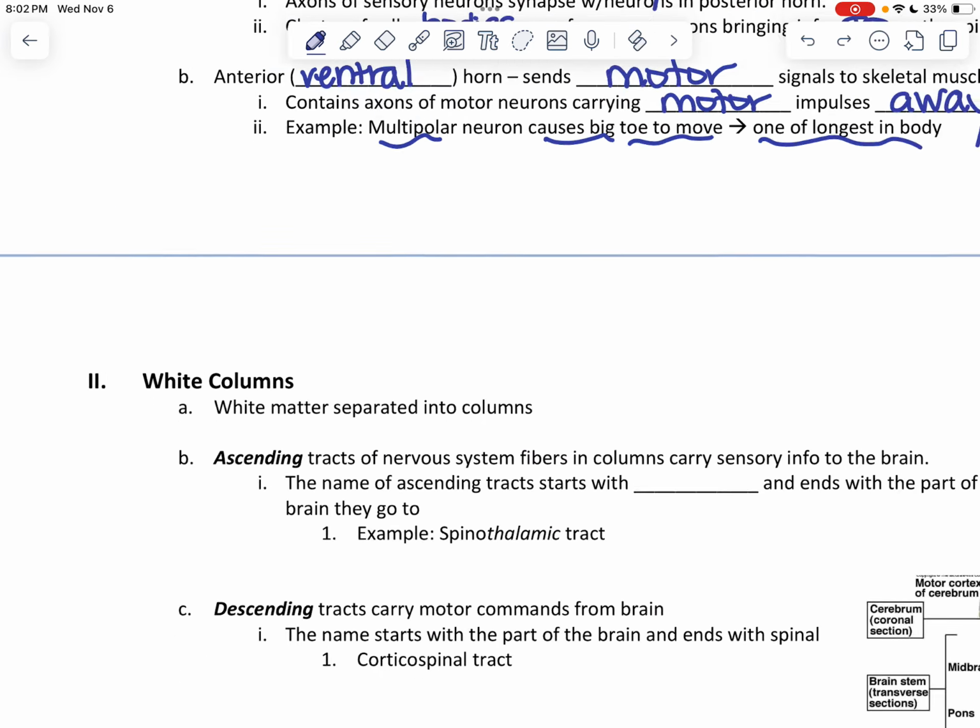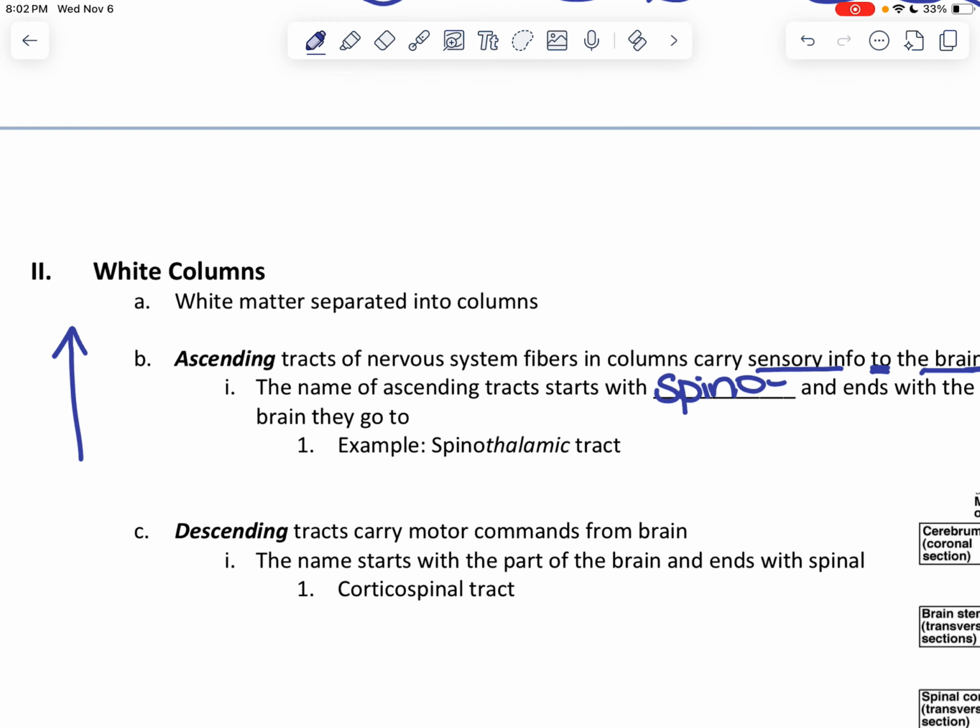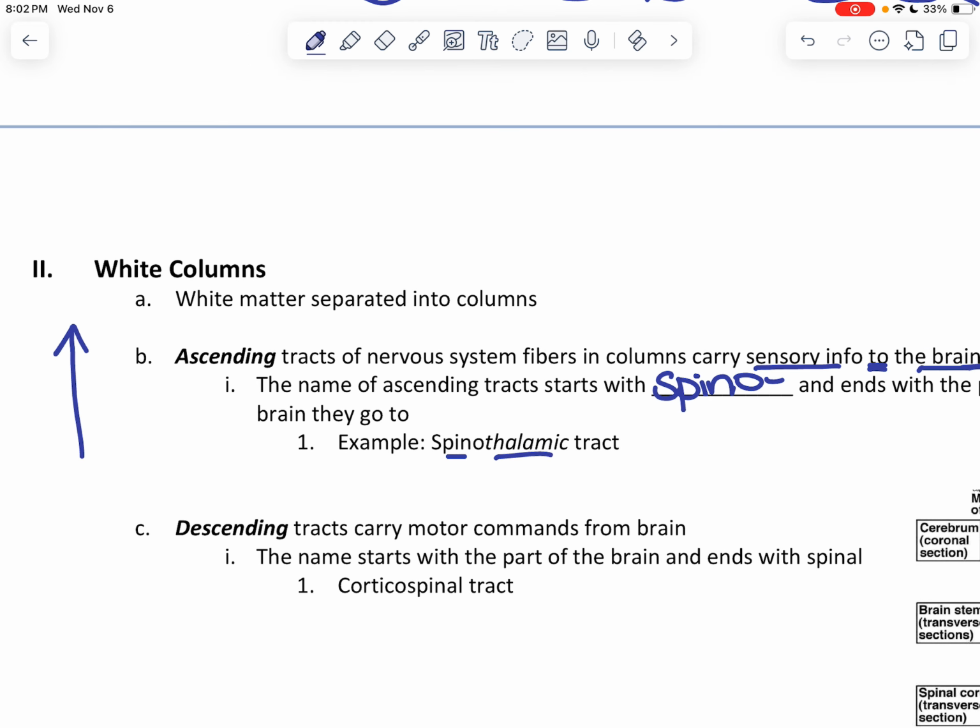The name of the ascending tracts starts with spino, and it's going to end with the part of the brain they go to. So the spinothalamic tract is going to be the tract that starts in the spine, and it's going to go up to the thalamus.